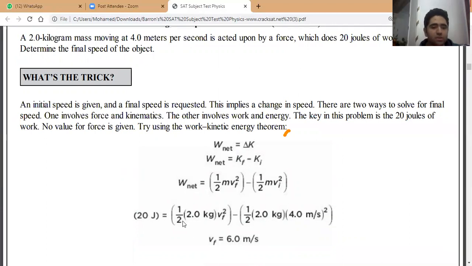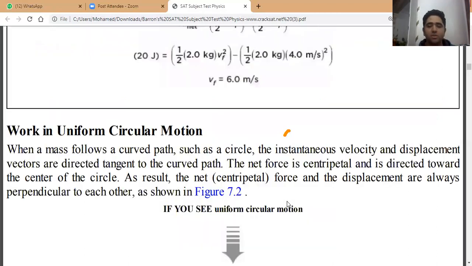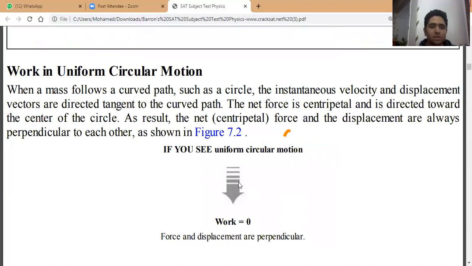Well, we don't know the final kinetic energy, okay? We're required to find the final speed, so we don't know what the kinetic energy is, because kinetic energy is half m v squared. And so if you don't know the speed, you don't know the kinetic energy. So you have half m v squared minus what you know, and doing your manipulation, you will get that the final velocity is 6.0 meters per second.